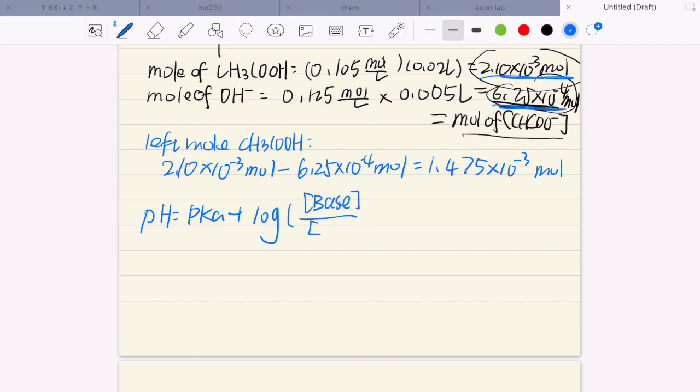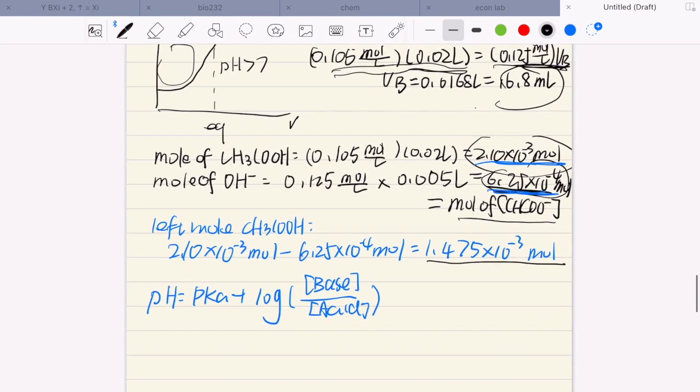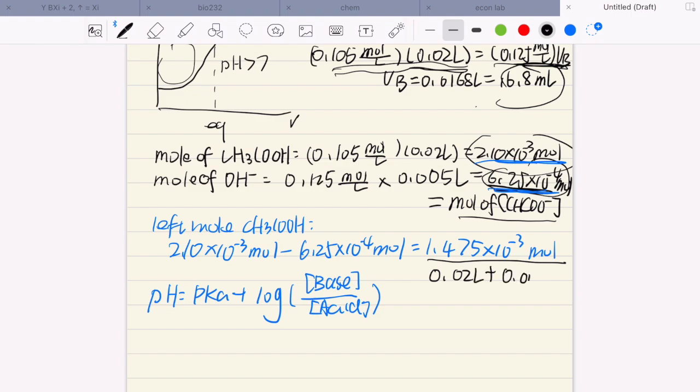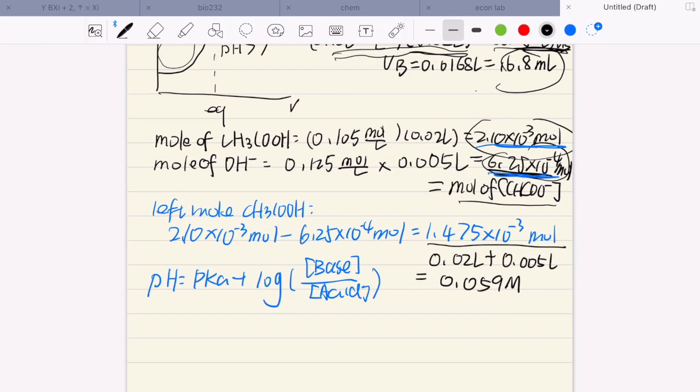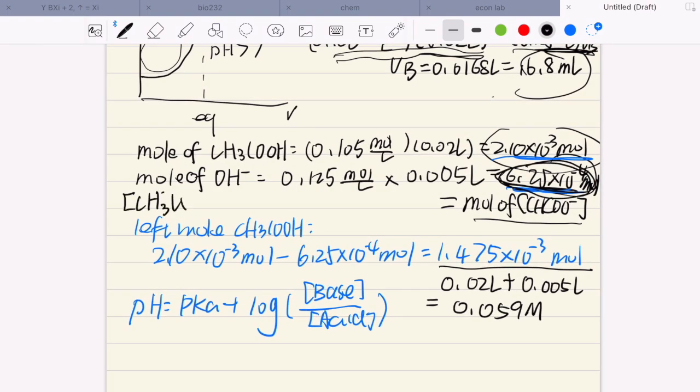And then we can use this Henderson-Hasselbalch equation to calculate pH. So we first need to understand the concentration of our acid, so we divide by the total volume of titrant and analyte. And to get the concentration of the conjugate base, we can calculate it by using the moles of the strong base, as it was consumed.